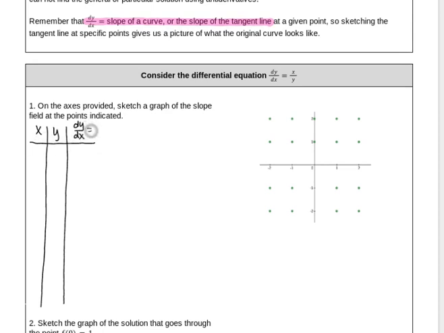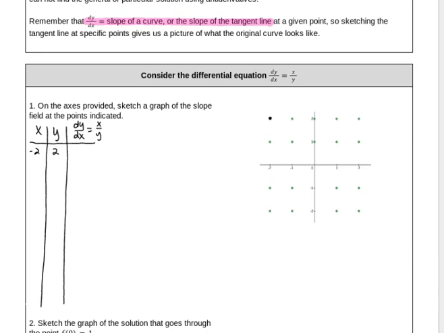So we know dy/dx is equal to x over y, and we need to create little tiny pieces of a line on each of the points that we see on the graph here. So I'm going to start all the way over on the left in quadrant 2. I'm going to start at the point (-2, 2). So I'm starting with this point right here.